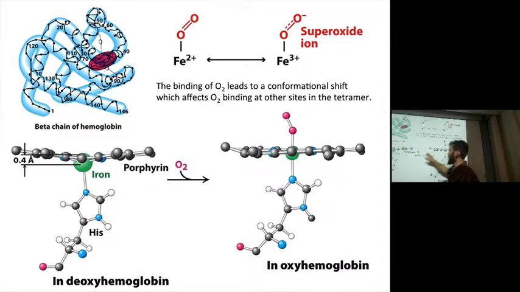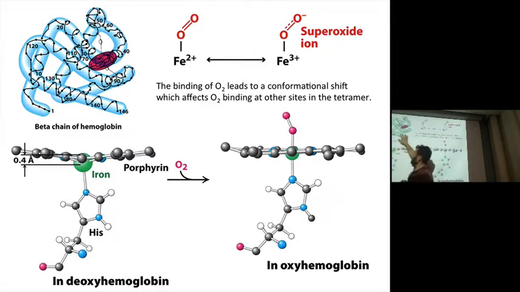And when that happens, we have here the unbound iron is slightly out of plane with the porphyrin ring by about half an angstrom. And when it binds to oxygen, diatomic oxygen, and forms the superoxide anion, it changes the architecture about that porphyrin ring.